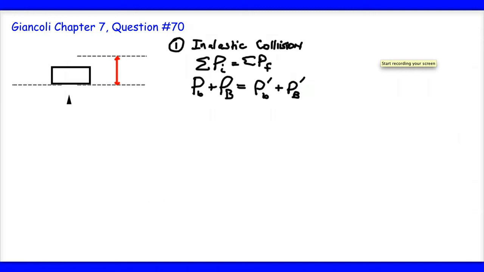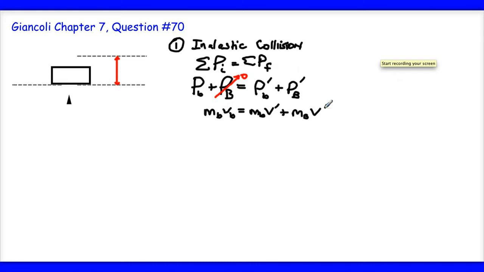At this point, I should see that the momentum of the block before the collision is 0. It's at rest. And so I'm going to be left with the mass of the bullet times the velocity of the bullet is equal to the mass of the bullet times the velocity of the combined bullet block system after the collision plus the mass of the block times the velocity of the block after the collision.